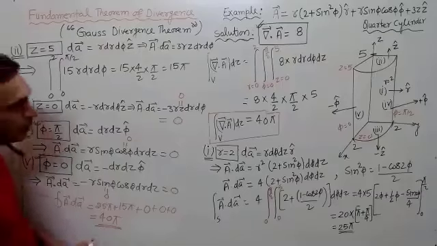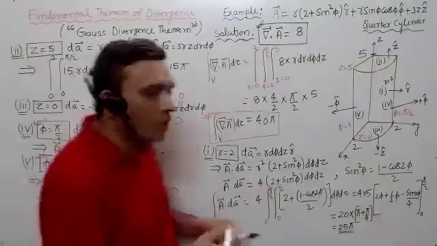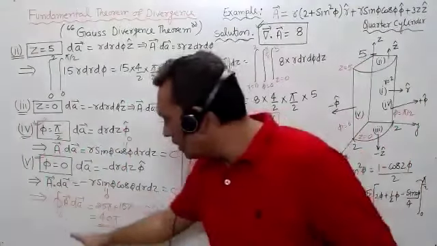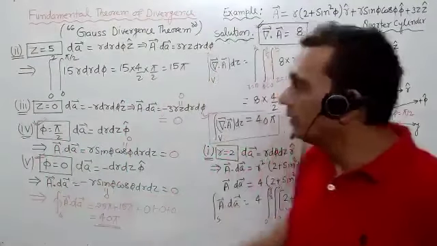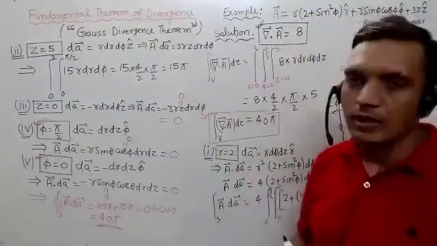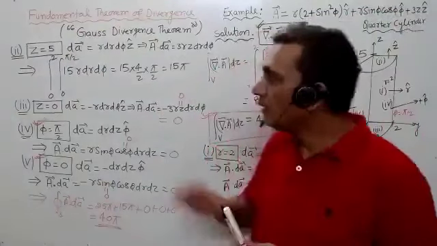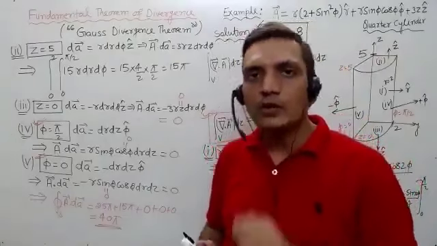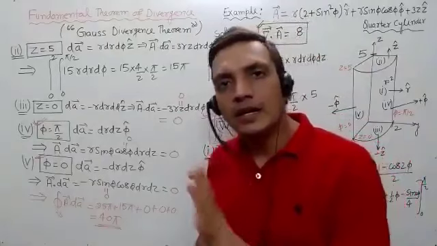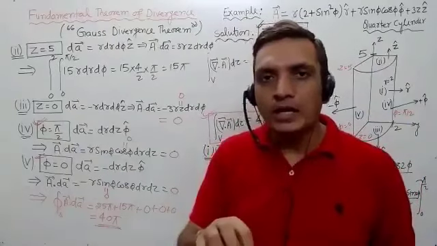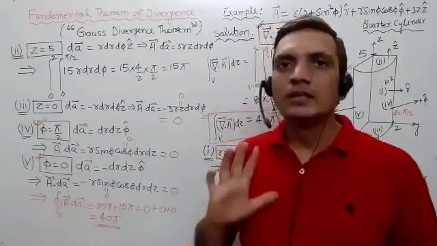So you can see the volume integral of divergence A d tau is 40 pi and the closed surface integral A dot dA is also 40 pi. So that verifies the divergence theorem in cylindrical coordinates. So we have verified the divergence theorem in the Cartesian coordinate system, in the spherical polar coordinate system, and in the cylindrical coordinate system. And in each system, you know how to calculate the volume integral as well as the surface integral.